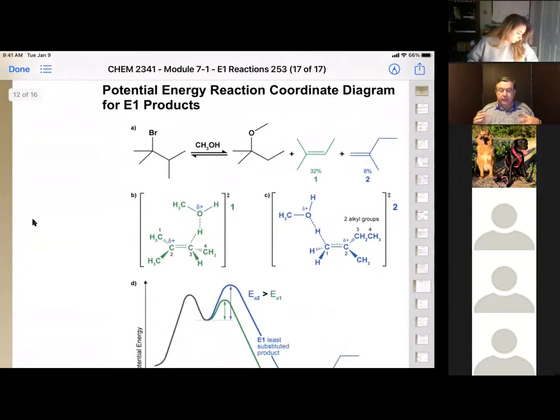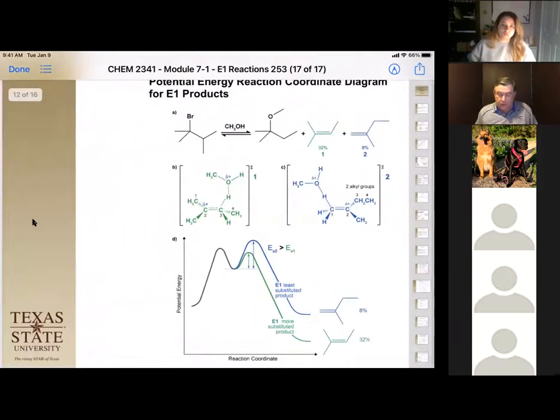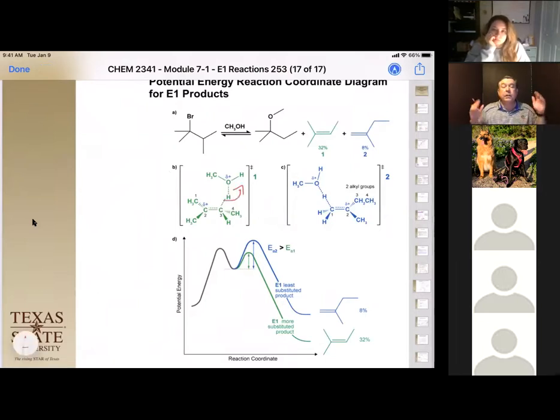So let's look at that from a coordinate diagram perspective here. So the idea here is that the intermediate to pull the proton off of the more substituted carbon here is actually a lower activation energy than to try to pull it off of the less substituted carbon. Okay, think about it.